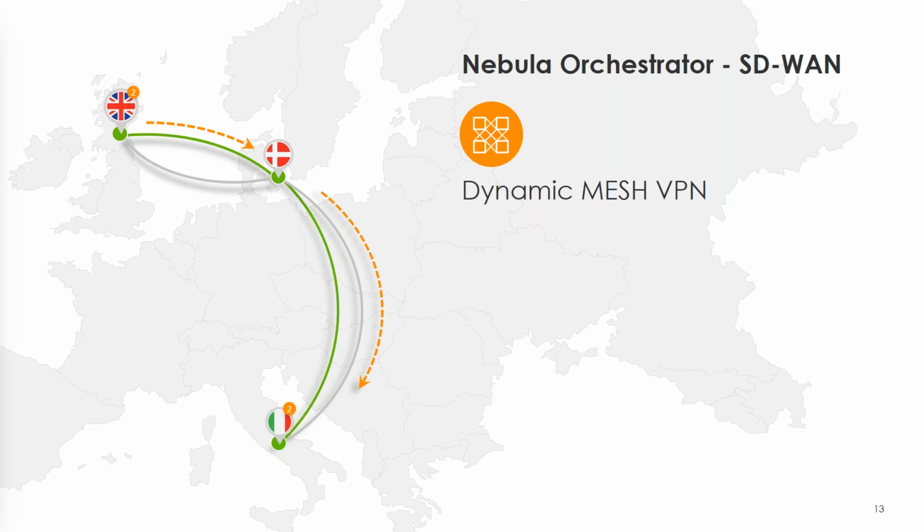Dynamic Mesh VPN. It will originally have a connection through the hub, but once a data transmission is initialized, for example from the UK to the Italian branch office, it will automatically create a VPN tunnel between these two locations and start using that as the connection for the transfer.